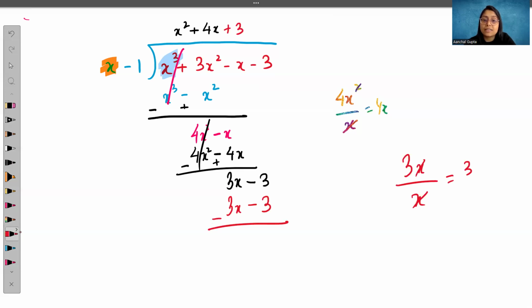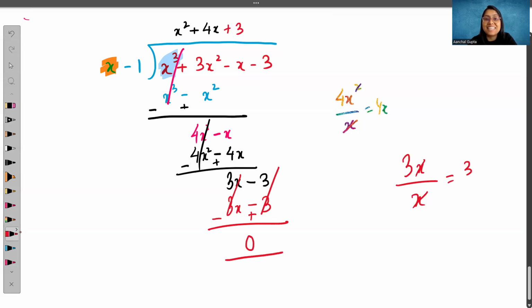As we subtract, the signs change: 3x minus 3x cancels, and minus 3 minus 3 cancels out. What did we get? 0. So what's the remainder, guys? 0. And what's the quotient? x squared plus 4x plus 3. Amazing, right? That's how we do polynomial division, exactly like numbers.